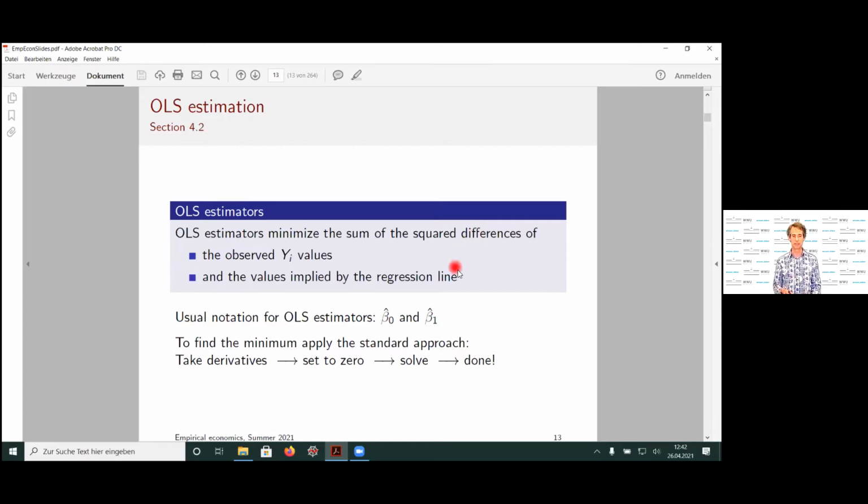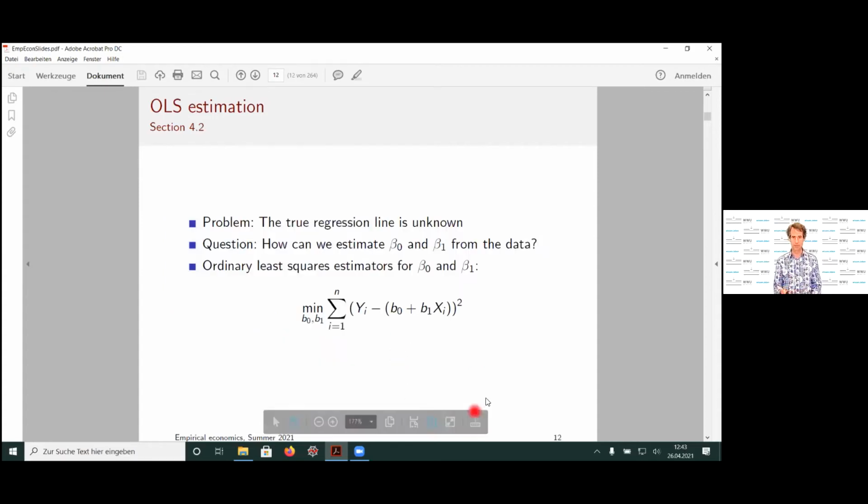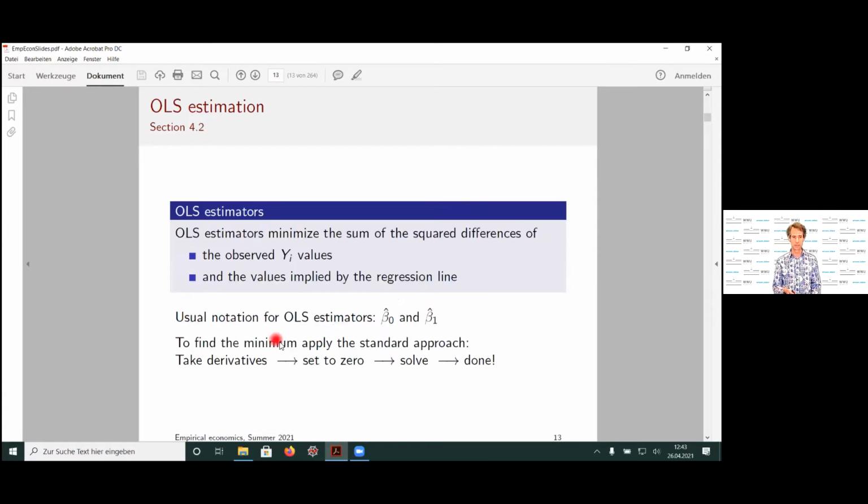So to find the minimum and to get the OLS estimators, we just apply the standard approach that is done in economics all the time. We take the derivatives of this quantity from the previous slide. We differentiate this quantity with respect to beta 0. We differentiate this quantity with respect to beta 1. So we take the two derivatives. We set both of them equal to 0.